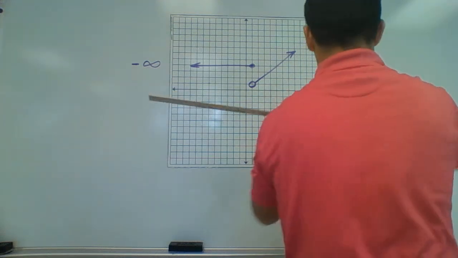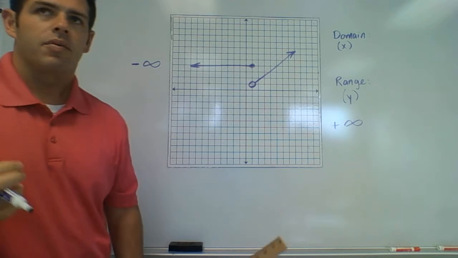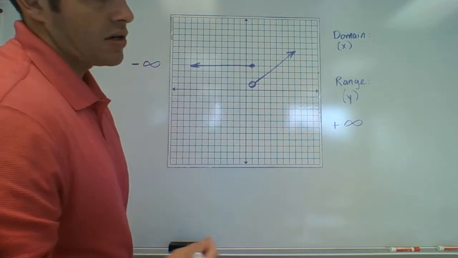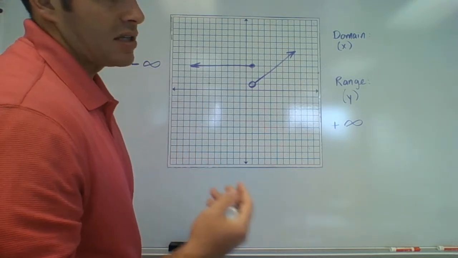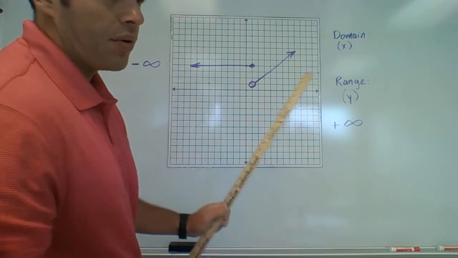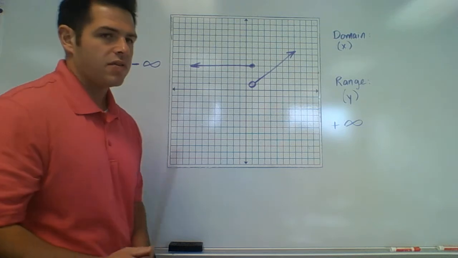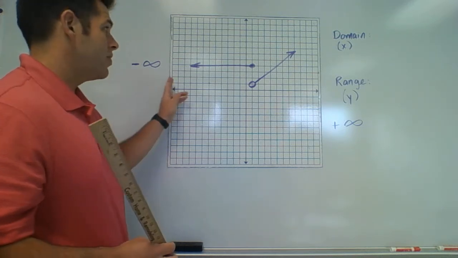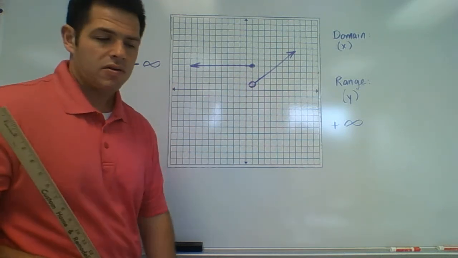The way we write the interval for the restrictions, the interval in which this piecewise function is going on, is we take into account both negative infinity and positive infinity, and the fact that we have points in between those also.